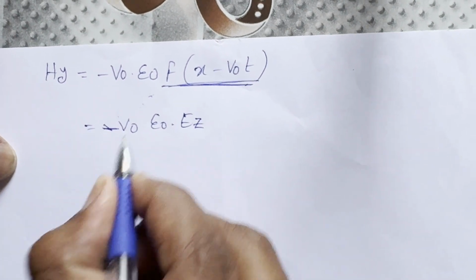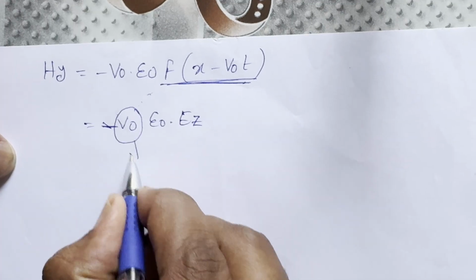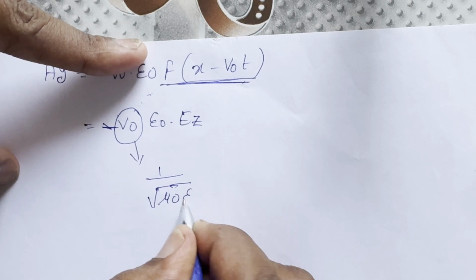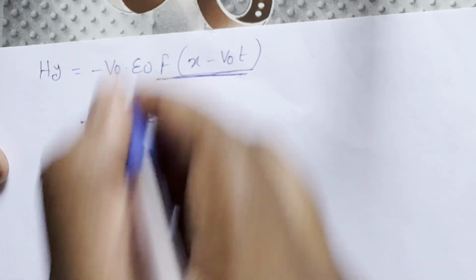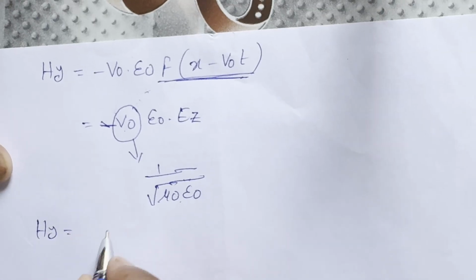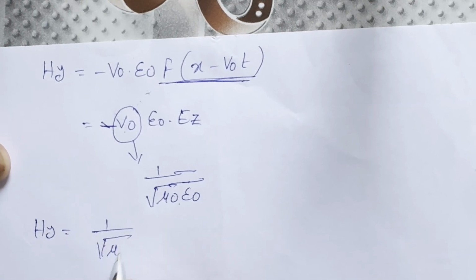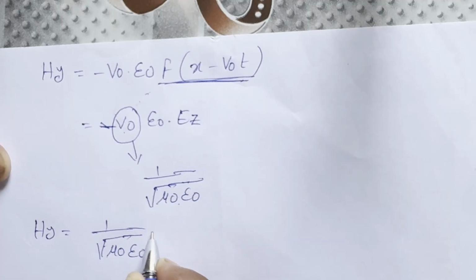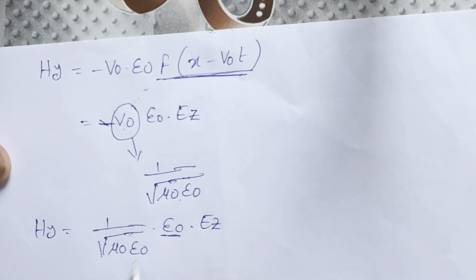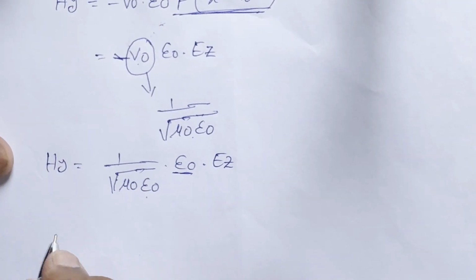Now again I am substituting v₀ equal to 1 by square root of μ₀ε₀. Then Hy equals 1 by square root of μ₀ε₀ into Ez. Here the square root of ε₀ will get cancelled.